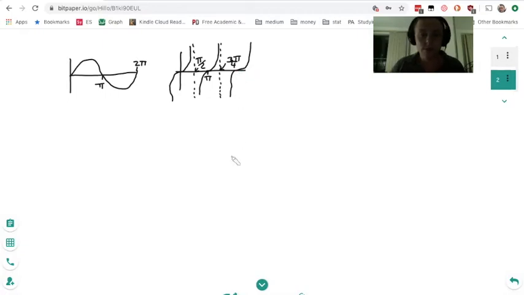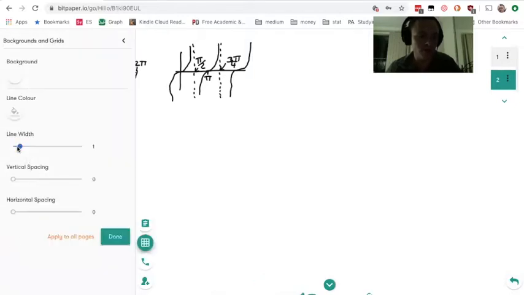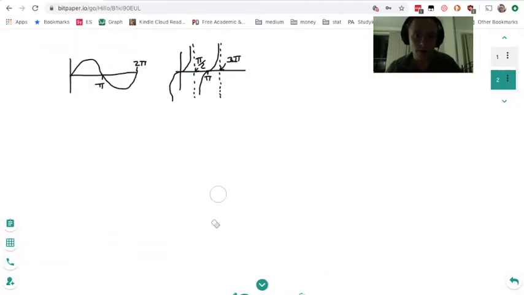That doesn't look right. I need to make my eraser a little smaller. How about I do this? Yeah, there we go. 3 pi on 2, not 3 pi on 4.